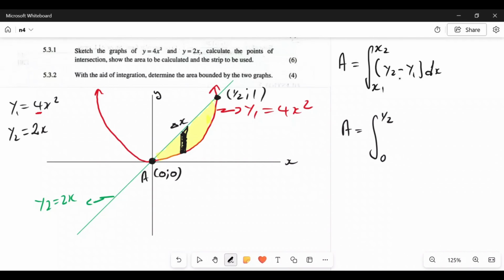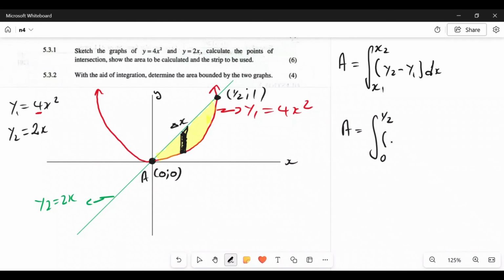Right. Now let's explain why we are saying y2 minus y1. If we look at the area that we highlighted, it's going to help us see which one is going to be negative and which one is positive. As you can see, we said y2 is positive, because the green graph, which is y2, is at the top of the area that we highlighted in yellow.